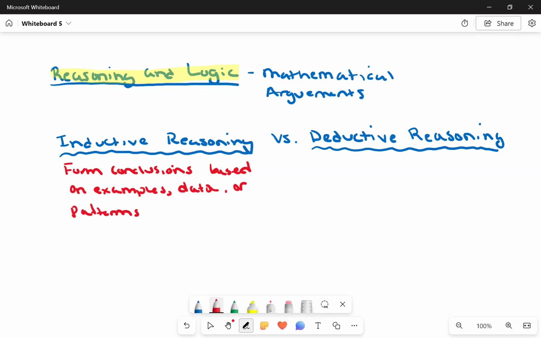And it makes sense when we have looked at statistics and talking about data, how it might allow us to form conclusions based on that.